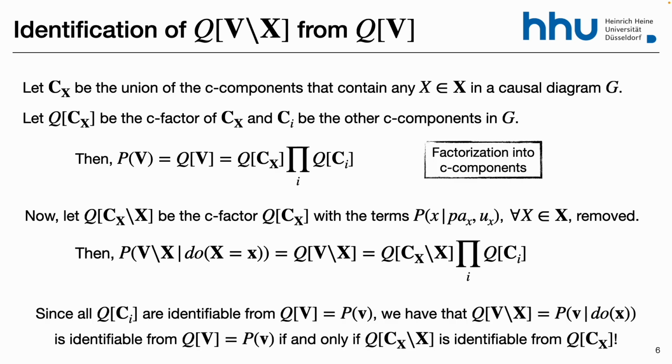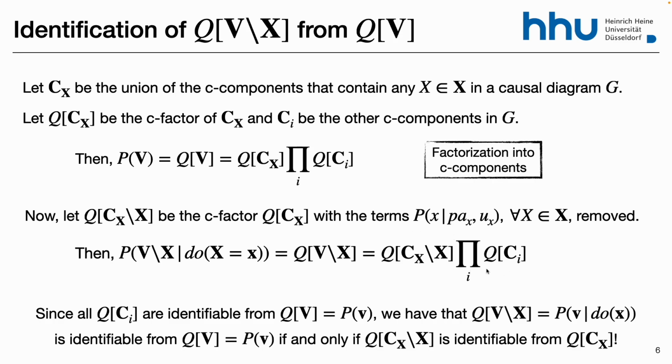So from this, it's clear that this part, the Q of the C components, they are all identifiable from Q of V, right? Because they are C components, and the Q's of C components are always identifiable from Q of V. This we saw in the previous lecture. So this whole equation is identifiable only if this is identifiable.